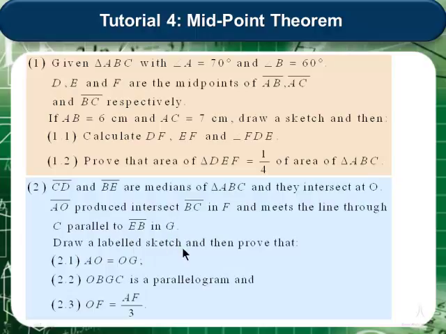And after you've got the sketch, then you need to prove that AO is equal to OG, that OBGC is a parallelogram, and lastly that OF is equal to a third of AF.